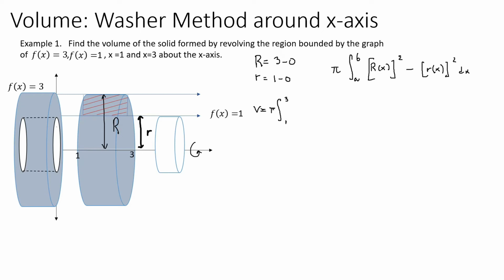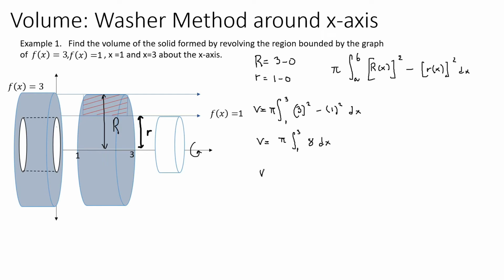Don't forget the pi in it. Let's bring our pi. Your bigger radius was 3, squared. Your smaller radius is 1, squared. dx.